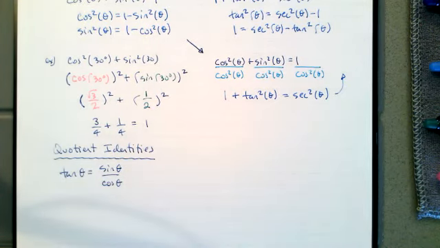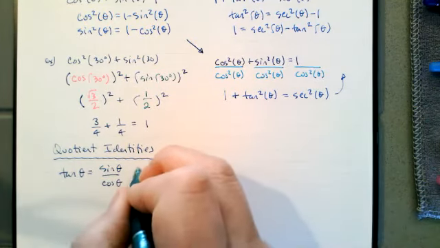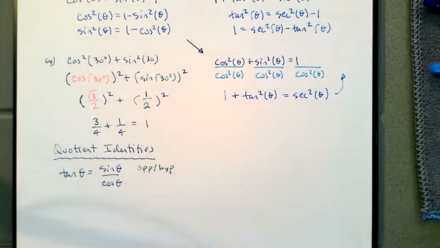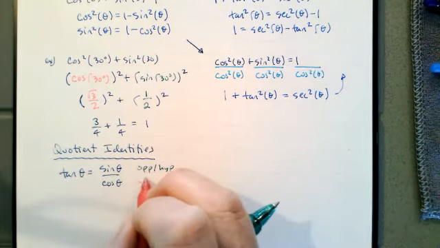This makes sense in a lot of different contexts. Remember that sine theta is, in the case of opposite, adjacent, and hypotenuse, opposite over hypotenuse. Cosine of theta is adjacent over hypotenuse.